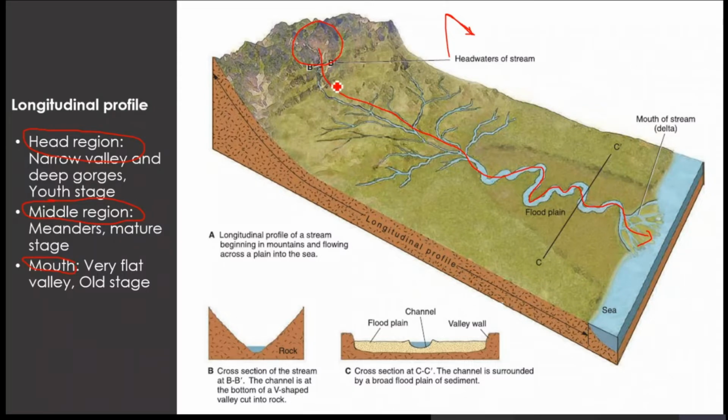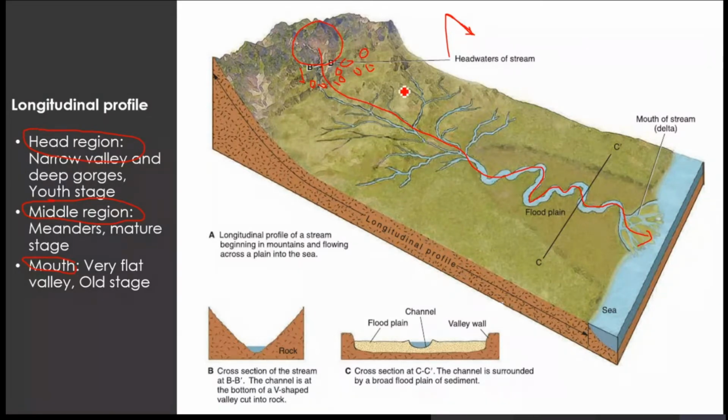It is capable of carrying a large amount of load, a large amount of sediments. It can erode, and it can transport to the foothill or the base of the valley. We call this region, where the river activity is in its youth stage, a very dynamic stage of the river.